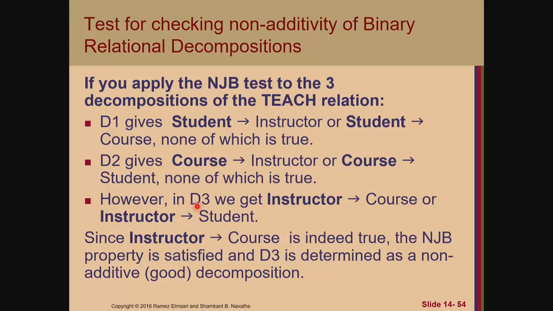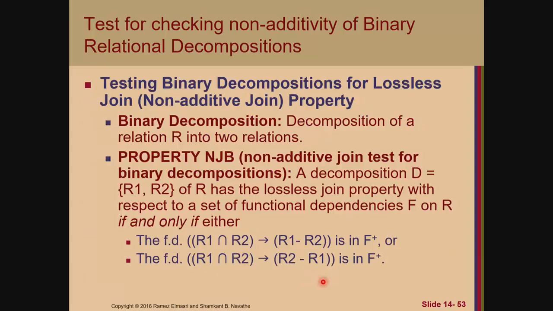However, the last one, D3, we get instructor determine course or instructor determine student. Since instructor determine course is indeed true, the NJB property is satisfied and D3 is determined as non-additive, meaning it is a good decomposition. So you have to calculate the set of the relation using this concept, the first one and the second one.